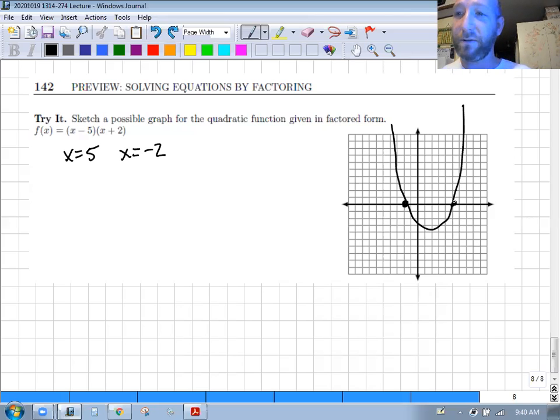As long as it goes through these 2 points there, that's it. Okay. It could be any quadratic that goes through those 2 points, but that's one possible graph for this.